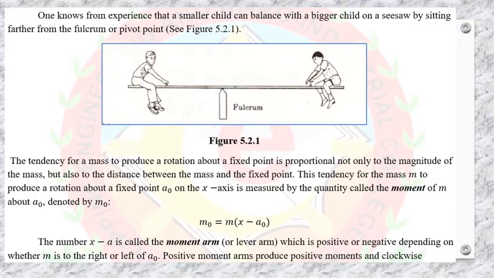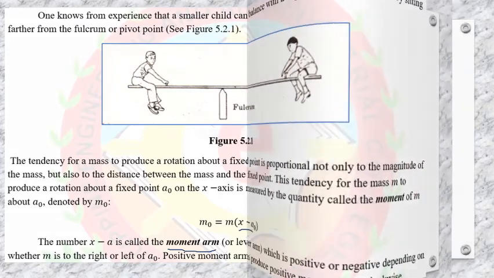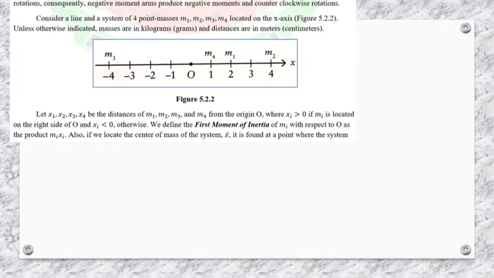The number X minus A sub O is called the moment arm or the lever arm, which is positive or negative depending on whether M is to the right or left of A sub O. Positive moment arms produce positive moments and clockwise rotations.